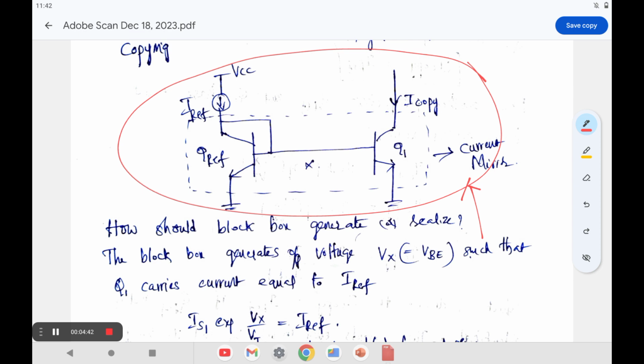Basically, these current mirror circuits are very useful for different purposes. Think about it: each and every day we use devices like mobiles and laptops with a constant supply voltage.